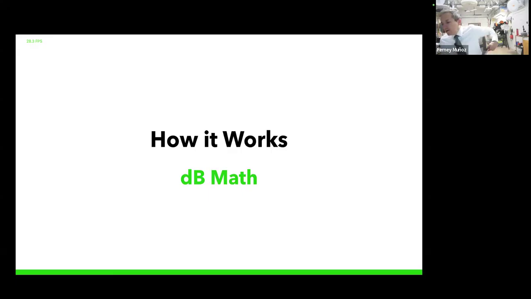In Wi-Fi, we hear terms all the time that have dBs in them. dBi, when we talk about antennas, we talk about the gain of antennas using dBi, relative to an isotropic radiator.